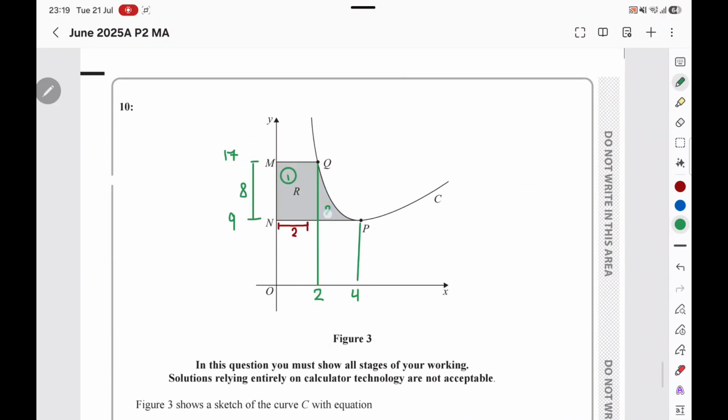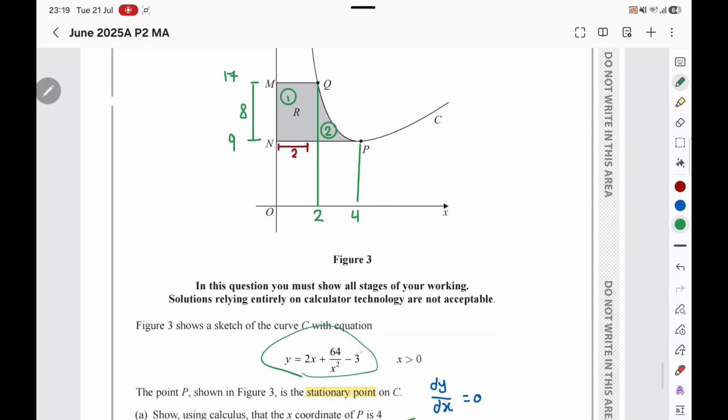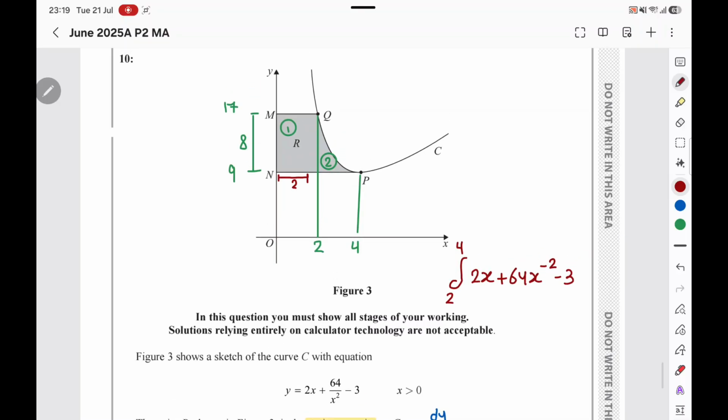Now area 2 is the integration of the curve: integration of 2x plus 64x to the power of negative 2 minus 3 from 2 to 4, right? Then we may subtract the area of this rectangle, which is 2 times 9, or in the integration I may subtract 9, which is the equation of this line.